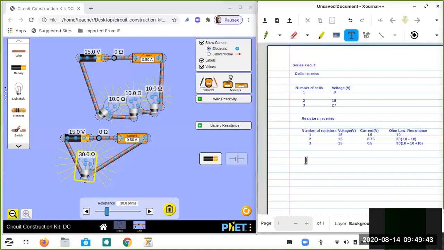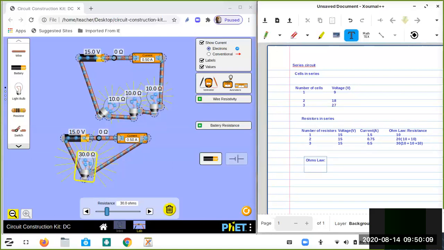What does Ohm's law say? Whenever we are looking at Ohm's law, this is a formula that was discovered by this gentleman, Ohm, to calculate current, voltage, or resistance.